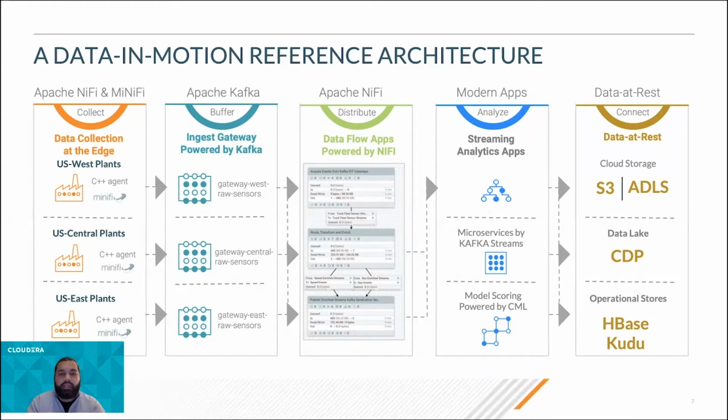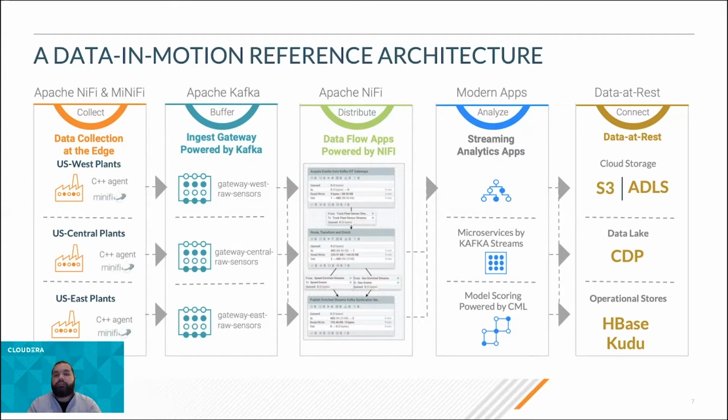With NiFi, we can route the data, we can distribute the data, we can do some kind of data preparation on top of that data. And then the data goes to different, let's say, applications. It can be a real-time application that consumes a machine learning model, or some kind of aggregations on top of the data.